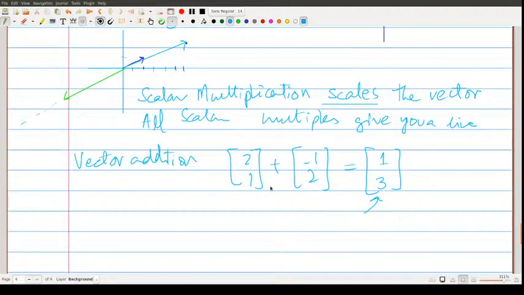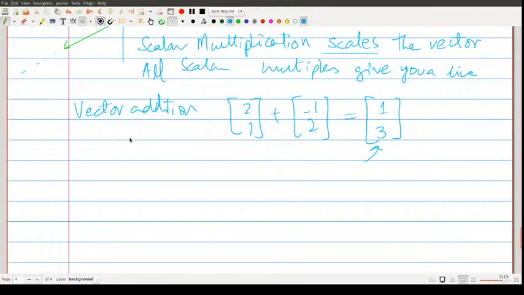If you want to visualize this, the way we visualize vector addition is to draw the first vector and the second vector, and then we take the second vector and shift it, make a copy of it, and put it on the end of the first vector, right?